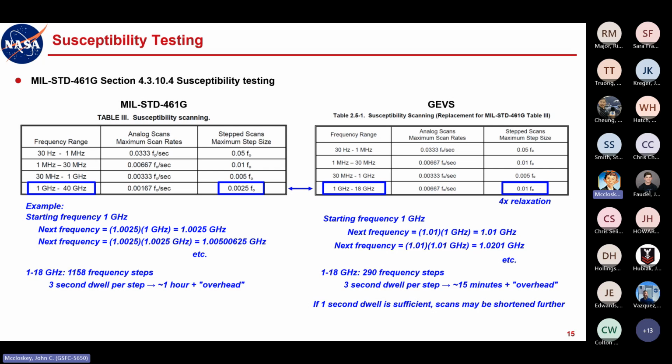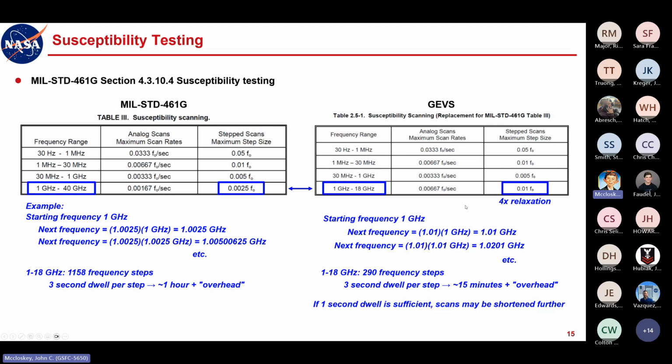But radiated susceptibility is, certainly in my experience, the single most time-consuming test that we have, especially above 1 gigahertz because of this fine step size that's defaulted per the MIL standard.